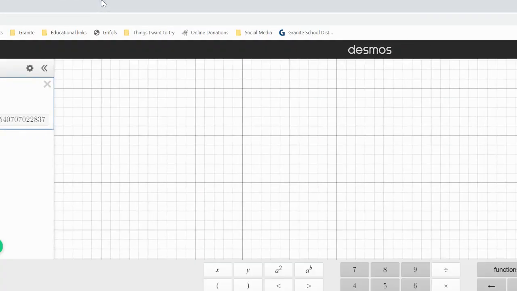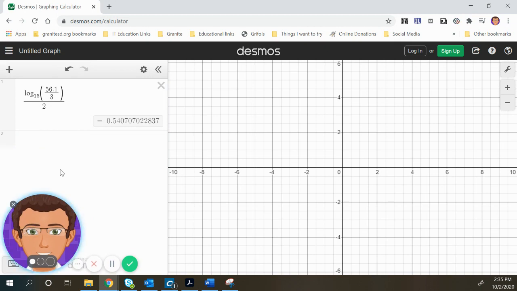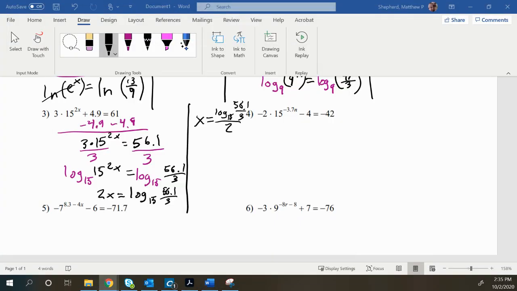And when you type it into Desmos, you're going to type it in looking like that. Use the parentheses to make sure that it creates a fraction right there. And we've got 0.541.